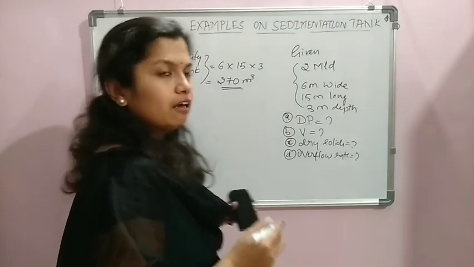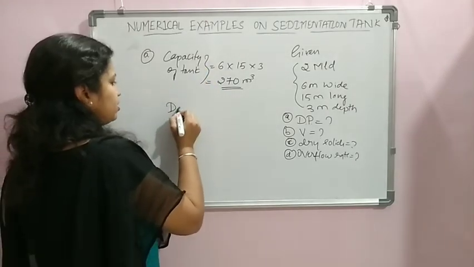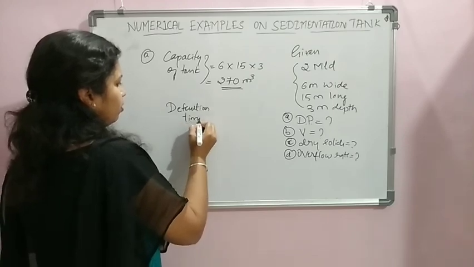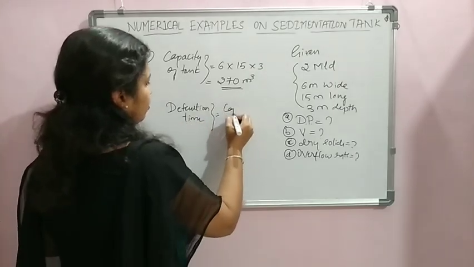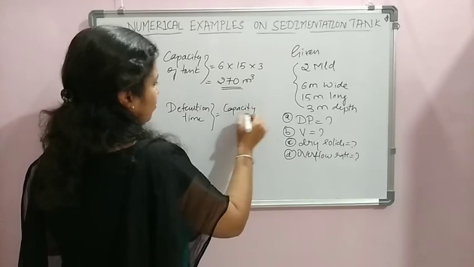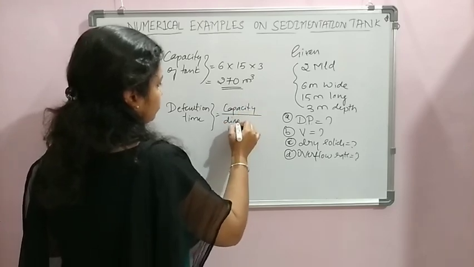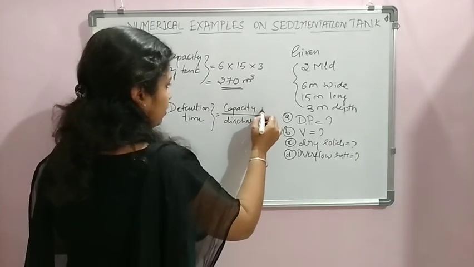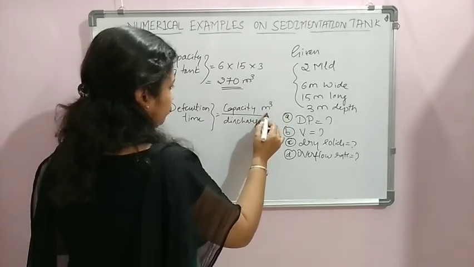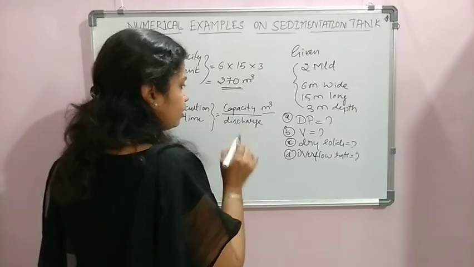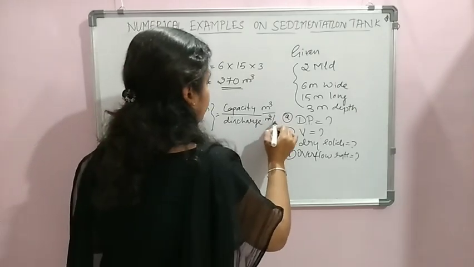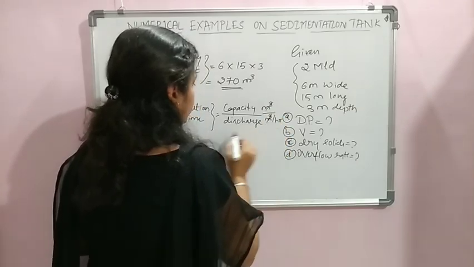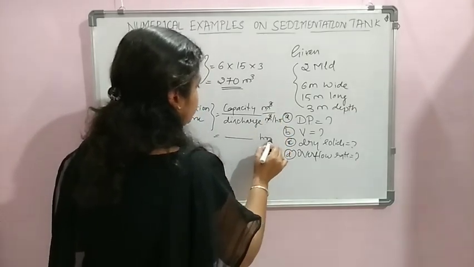We have a formula, that is detention time is equal to capacity divided by discharge. Here capacity will be in metre cube and discharge we need to substitute in metre cube per hour, so that metre cube gets cancelled and answer comes in hours.